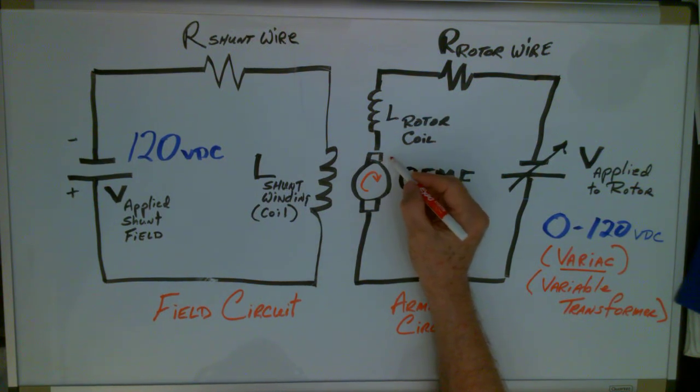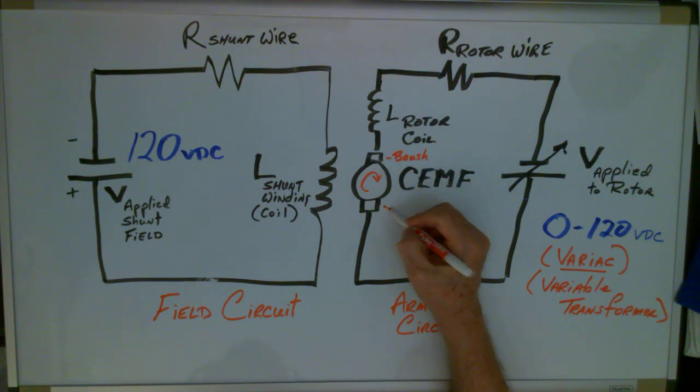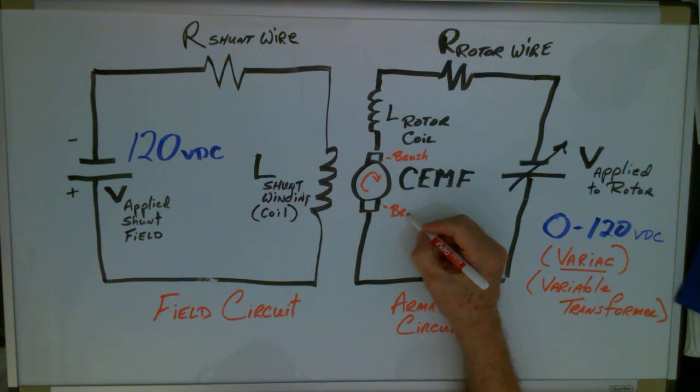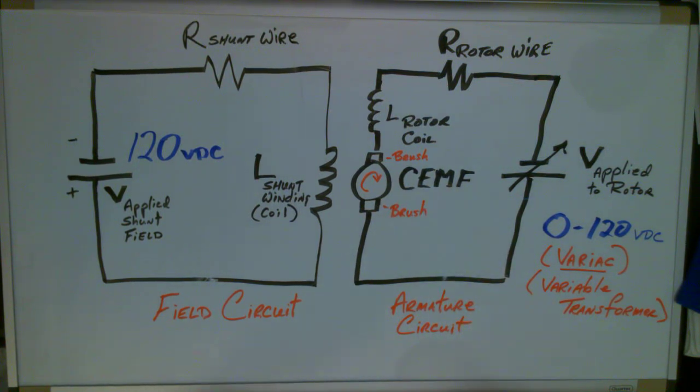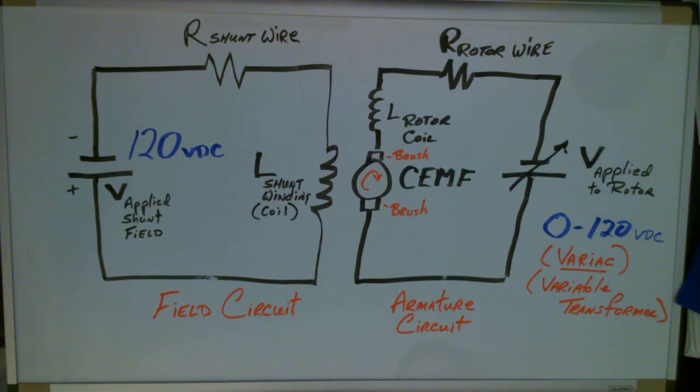This represents a brush, and this represents a brush. The two brushes are actually sitting on a commutator. A commutator is closely akin to a slip ring, but they aren't the same thing. There is a difference between a commutator and a slip ring.